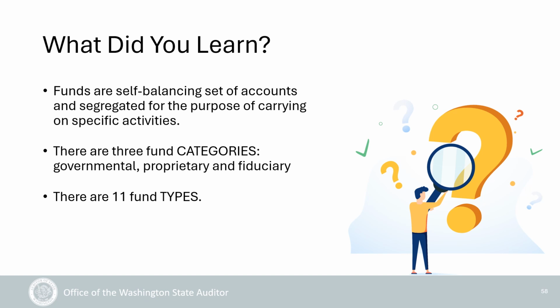We use funds because they allow us to be transparent to the public. They are able to look at a fund and know the revenue stream, activities, etc. We learned that there are 3 fund categories and 11 fund types.